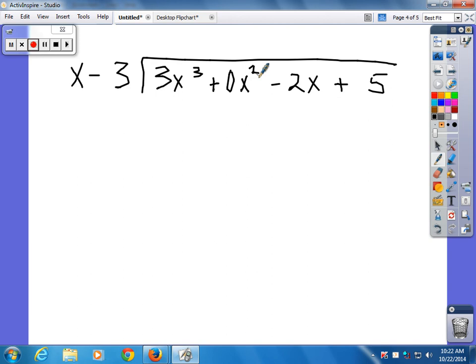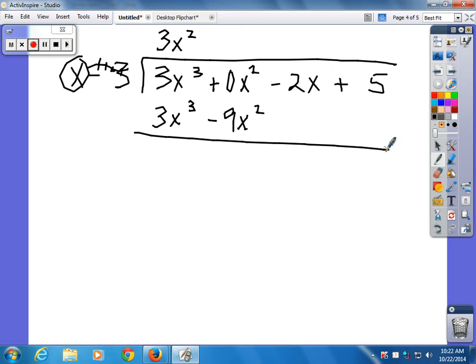All right. So here's my kite, here's my tail. How many times will x go into 3x cubed? 3x squared. 3x squared times x is 3x to the third. 3x squared times negative 3 is what? 9x squared, negative 9x squared. I do not use the big subtraction symbol, I distribute.